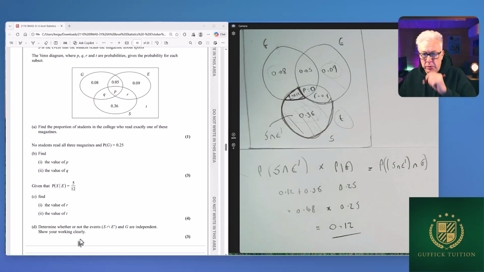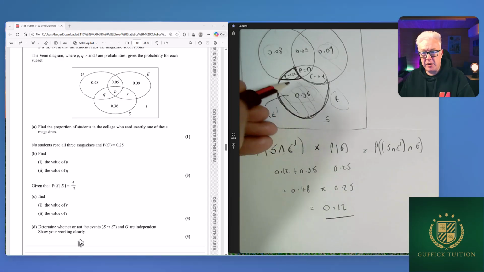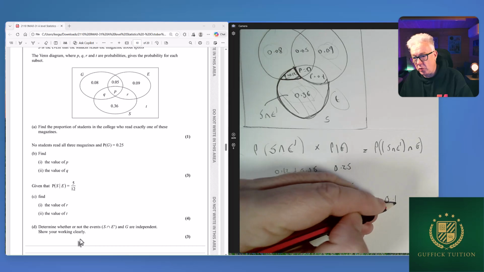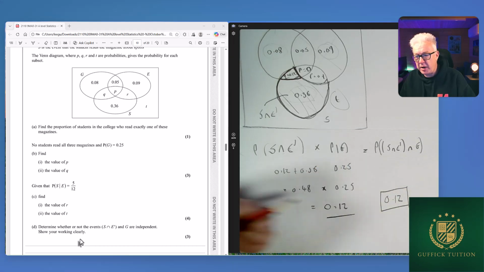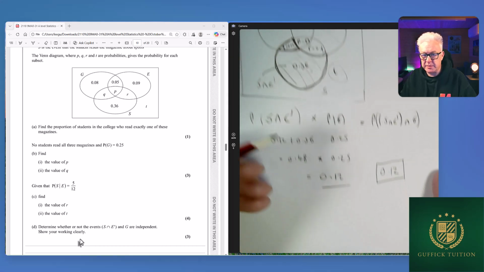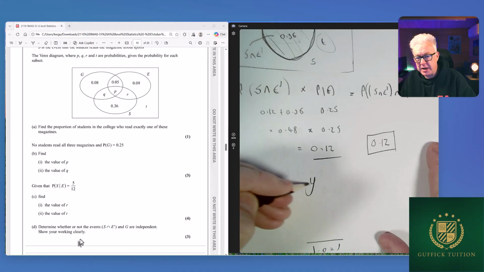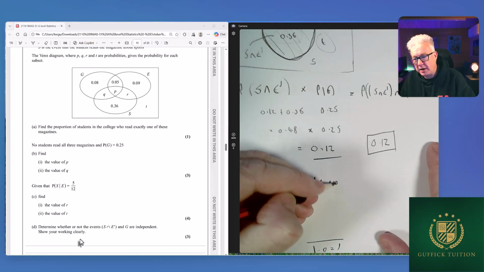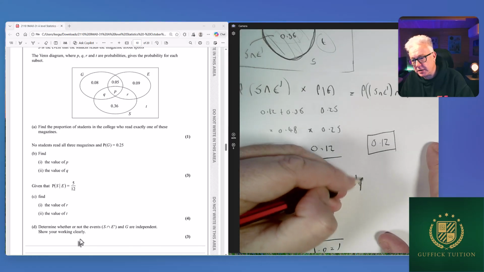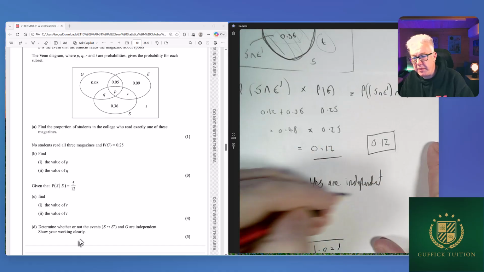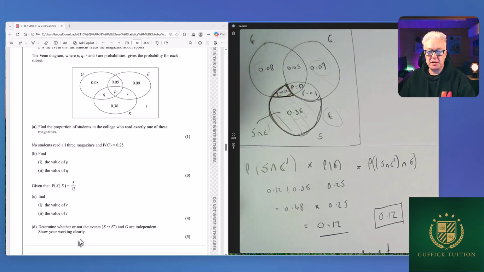And so we can see from the diagram that the region we're after is 0.12, and we've just found out that we get 0.12 when we times them together, so we can say that yes, they are in fact independent, because they've met that criteria for independence.